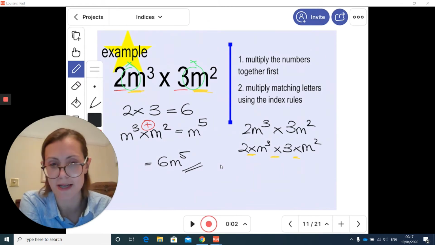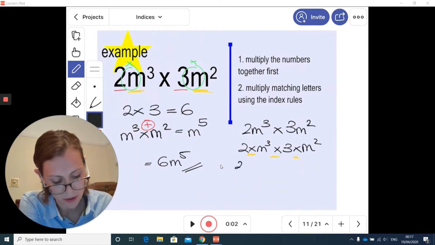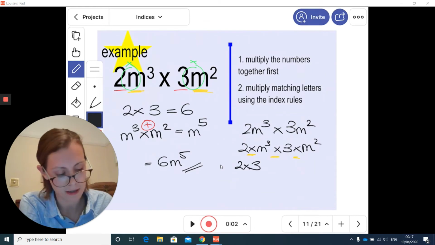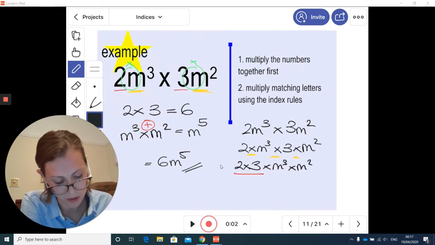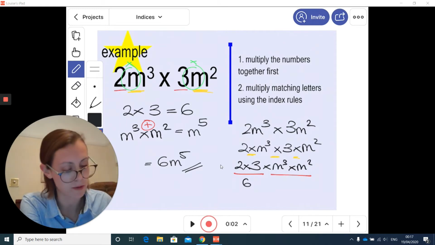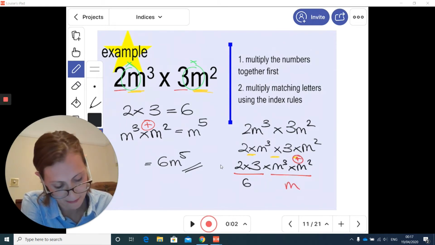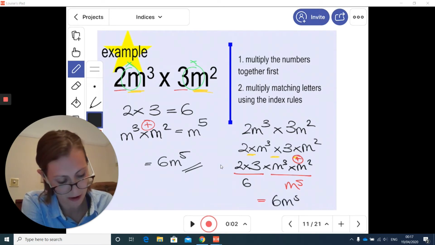And because they're all being multiplied, I could actually write them in any order I want. So I could write the 2 at the front times the m to the power 3 times the m to the power 2. Okay, and then I could do the numbers times numbers, which is where I get 6. And I could do the powers and the powers which get added together, which I get m to the power of 5. So the final answer, 6m to the power of 5.